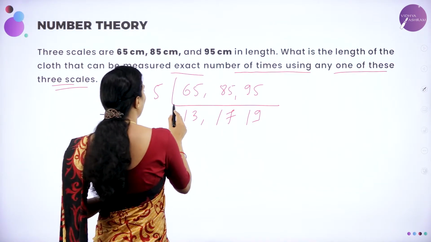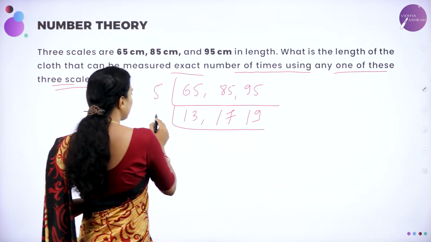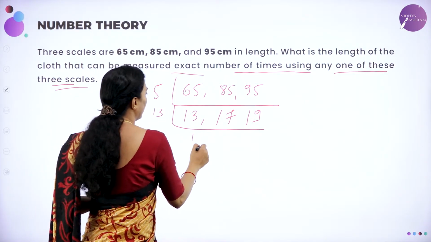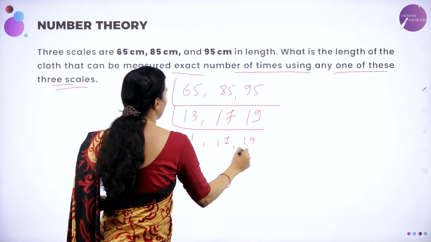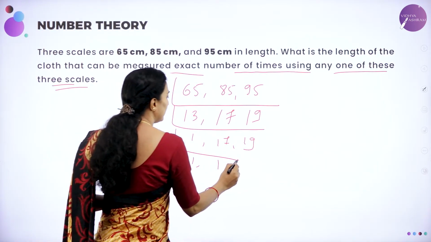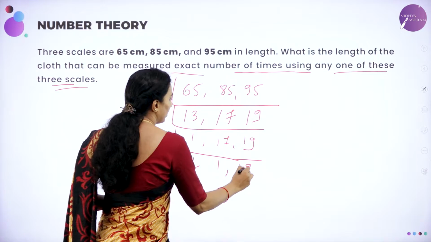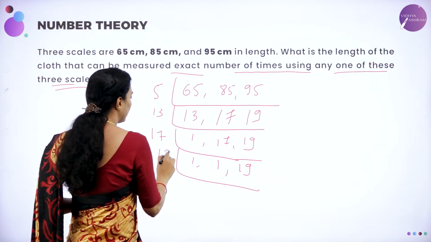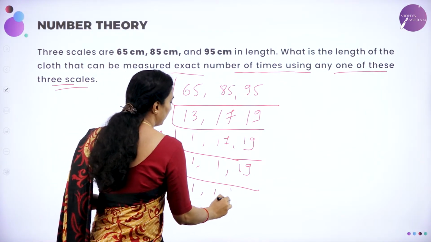If you see this, 13, 17 and 19 are prime numbers. So you are going to have 13, 17, 19. Again, 17 is not divisible by 13, 17 is divisible, 19 is not divisible. Again 19, then 1, 1, 1. Correct?